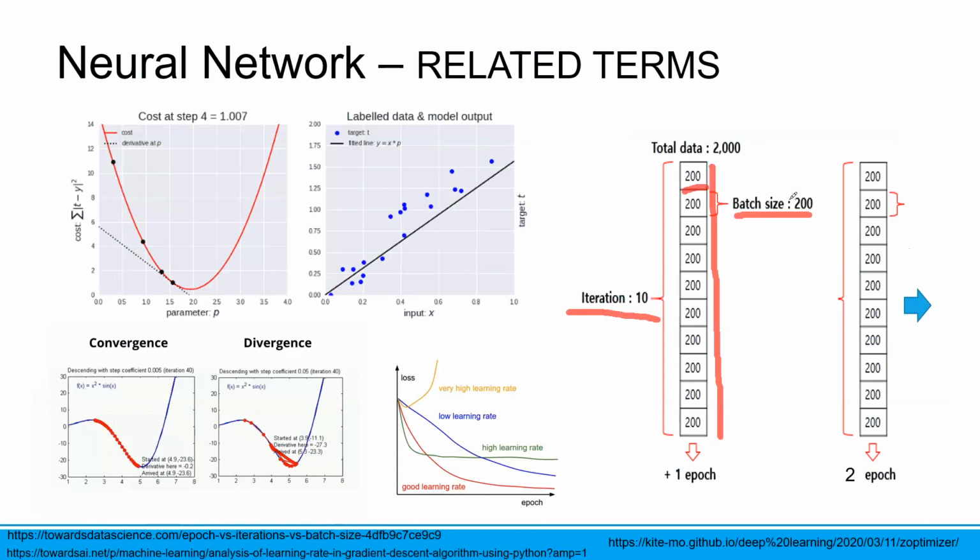So if we already finished with one epoch, then we can again do with different 200 data for every batch size. And after we finish with all the iterations, then we call this epoch number 2. And you can run again until how many epochs you want to run. The higher epoch, of course, will give you more reliable networks, but it is costly in time.